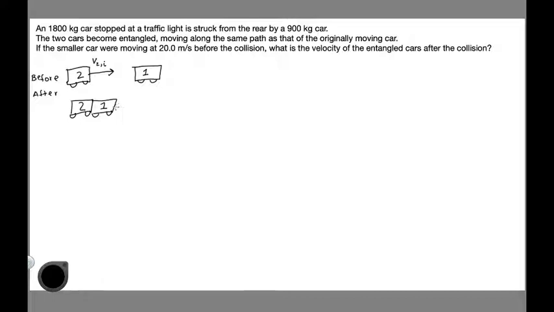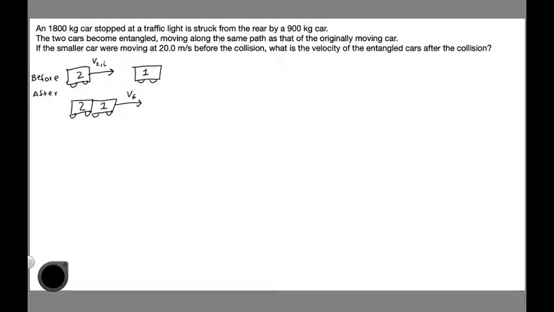Now they're stuck together and they're moving at the same velocity that we'll call VF. And VF stands for final velocity. So they're both moving as one unit, and they're both moving at the same velocity that we'll call VF.